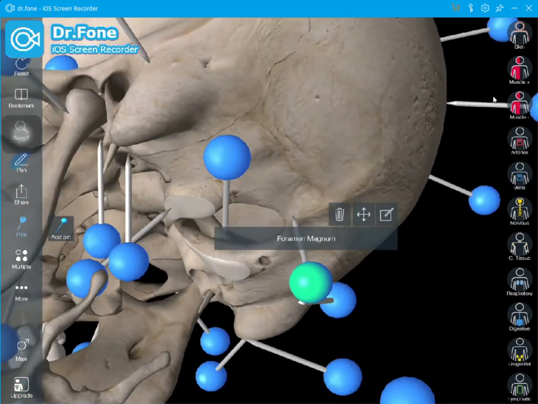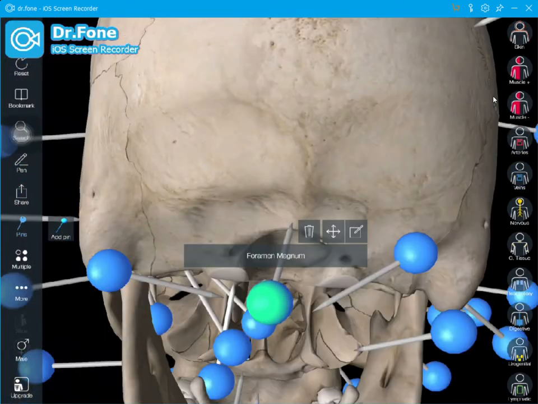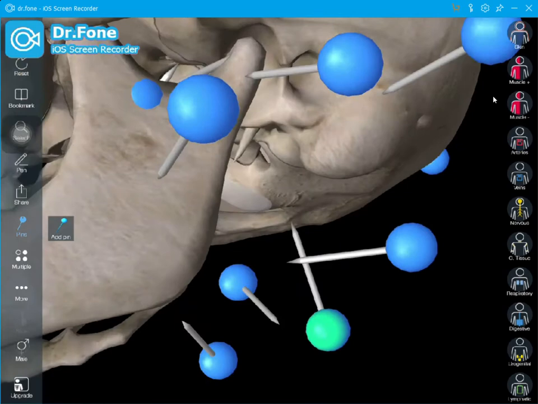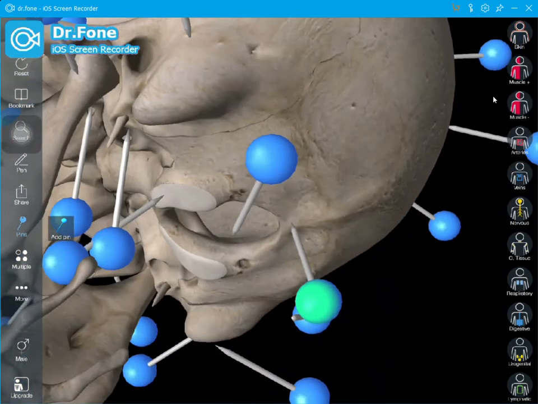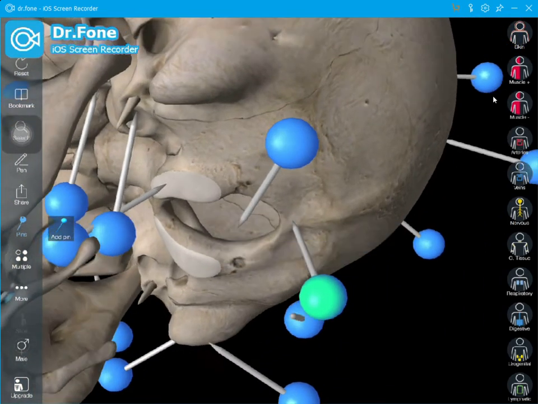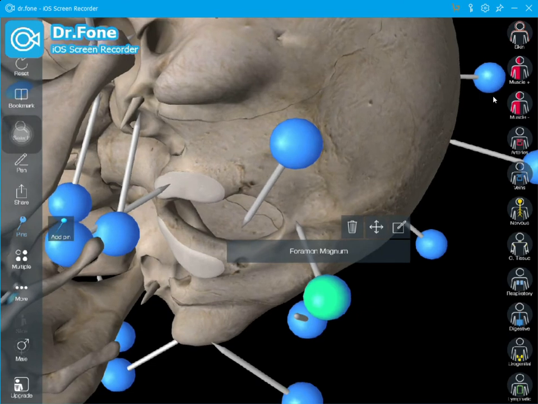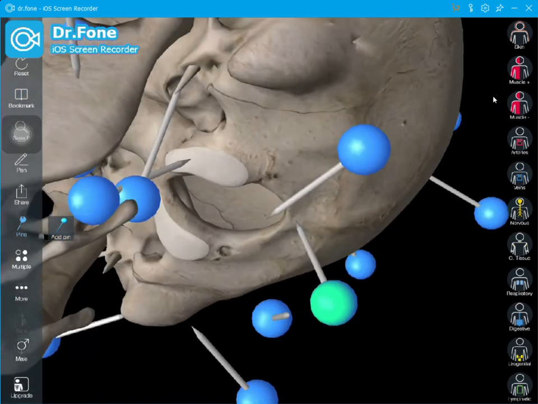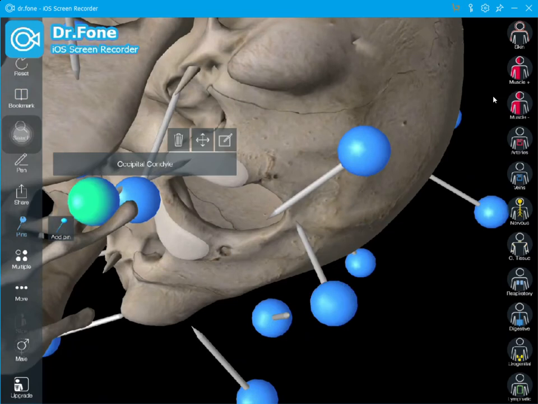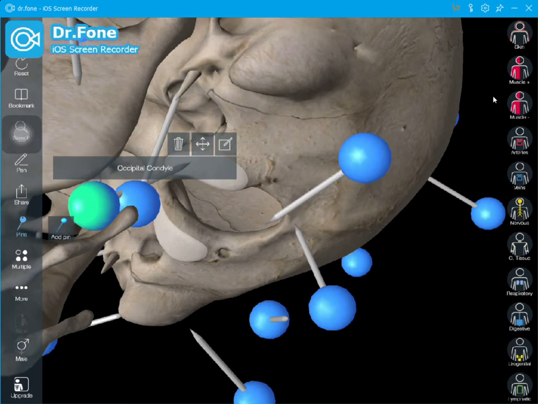Next, what do we have? Okay. Next is, okay, so this part of the skull right here, these little white things right there, those are called the occipital condyle. So this is the part that articulates with your atlas that makes your head move up and down.